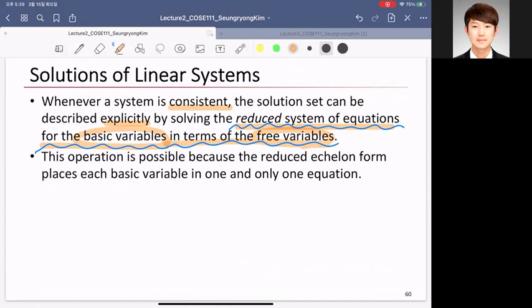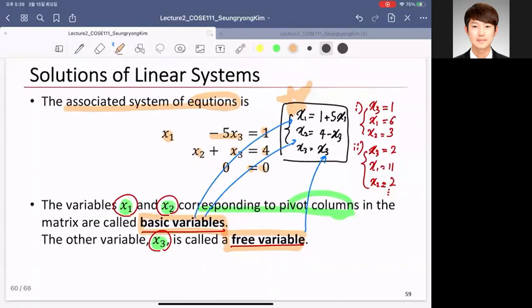This operation is possible because the reduced echelon form places each basic variable in one and only one equation. Each equation has only one x1 or only one x2, so x1 and x2, the basic variables, can be represented using the free variable x3.